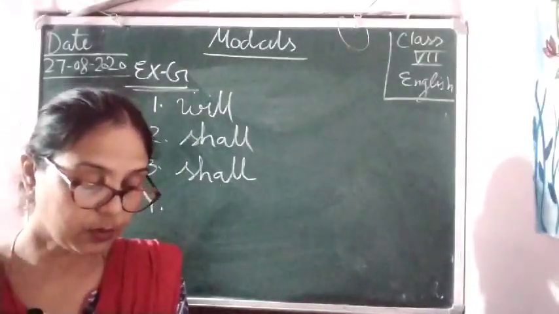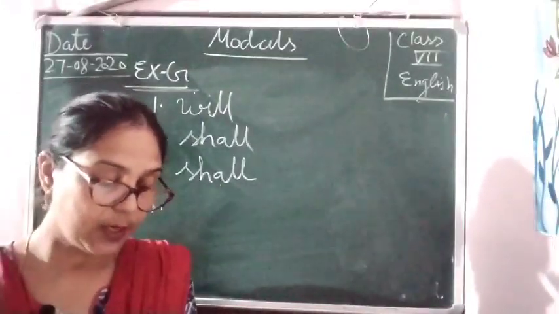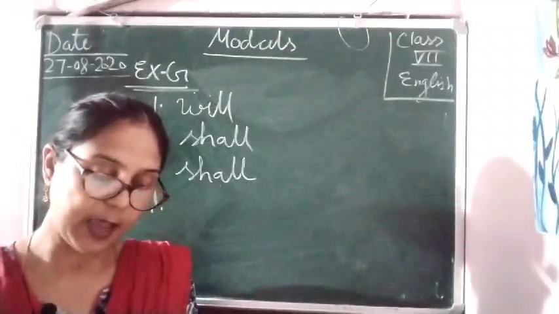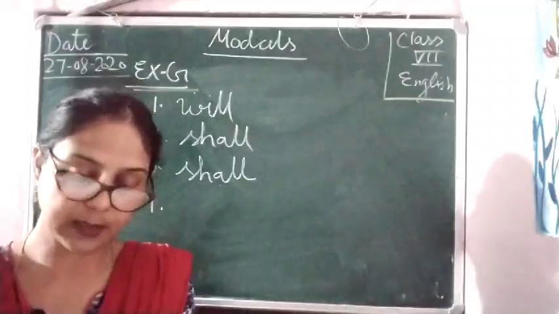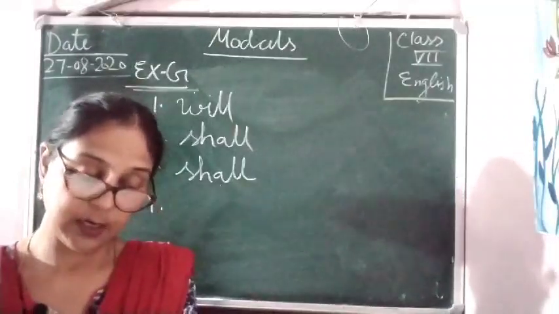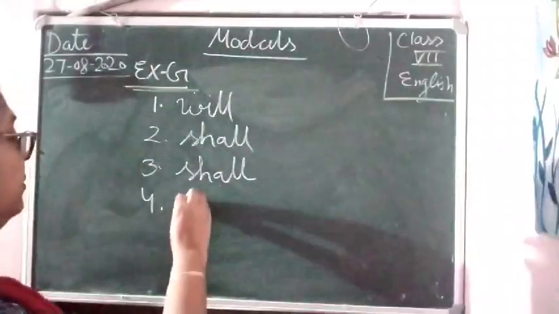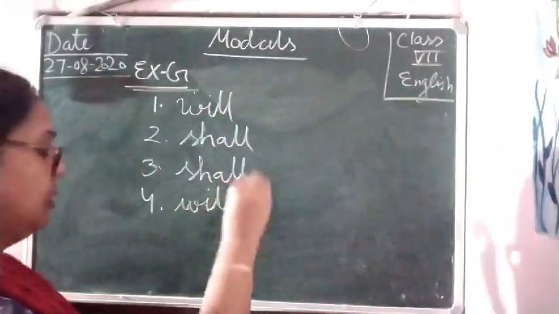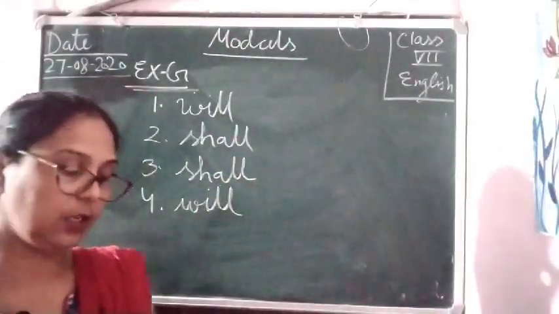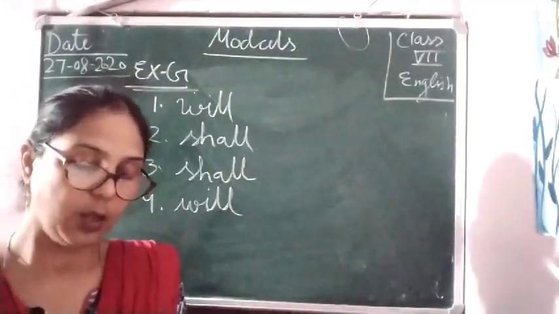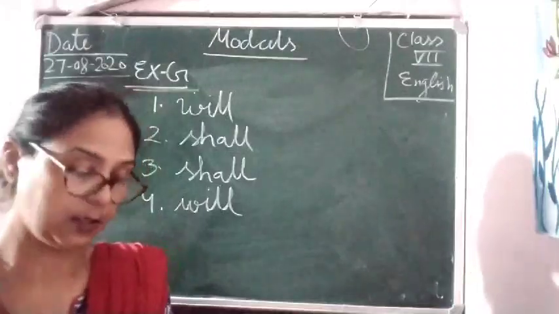Now we are moving to exercise number 4. She dash get a new game set as she has scored good marks in her test. Now we are using she will over here. She will get a new game set as she has scored good marks in her test.